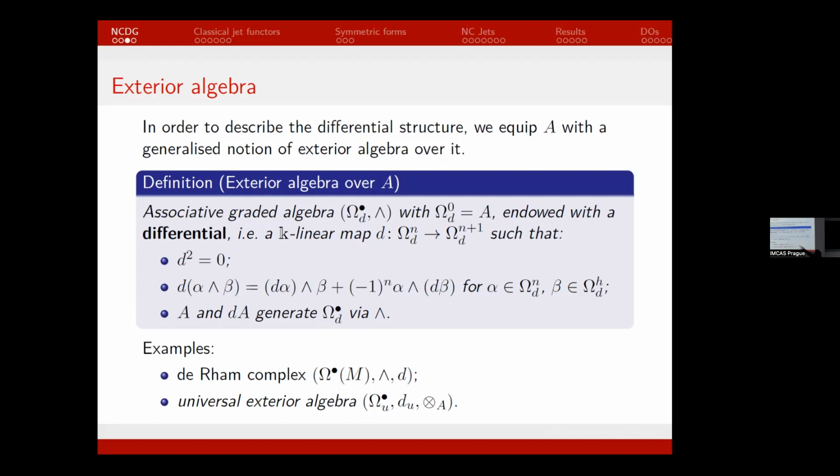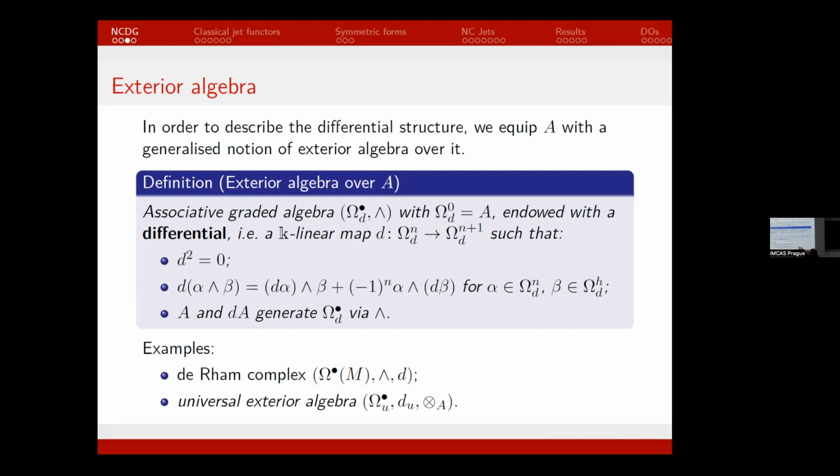If we're familiar with the de Rham complex, we see that these are exactly the properties of the de Rham complex, with the exception that we don't ask for graded commutativity. That's because otherwise in degree 0, that would force commutativity on A, which we want to avoid.